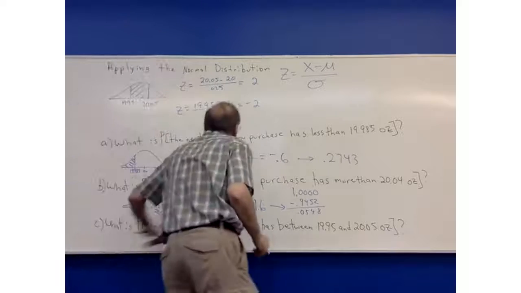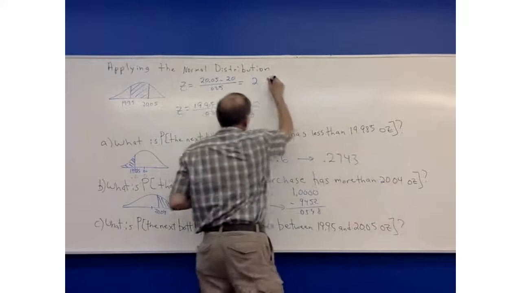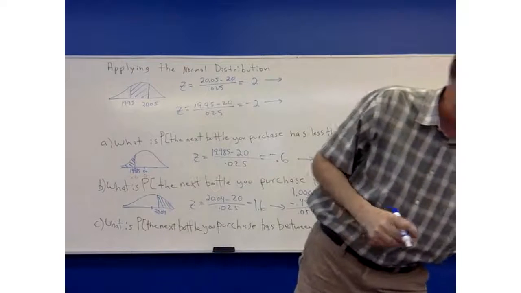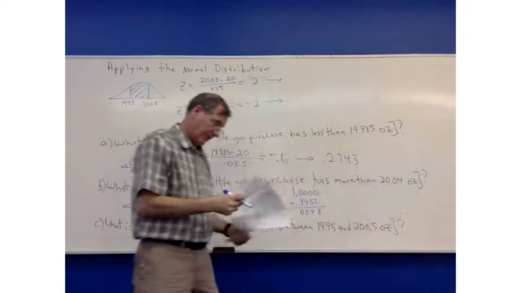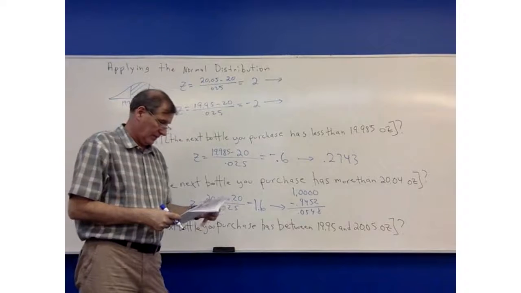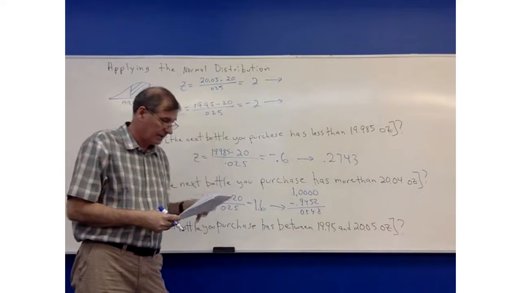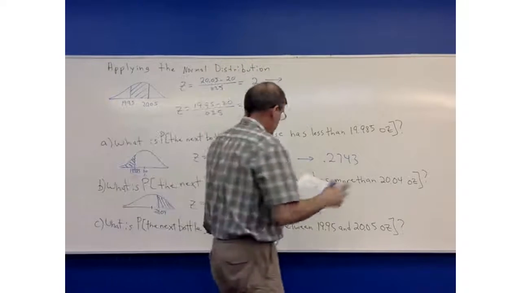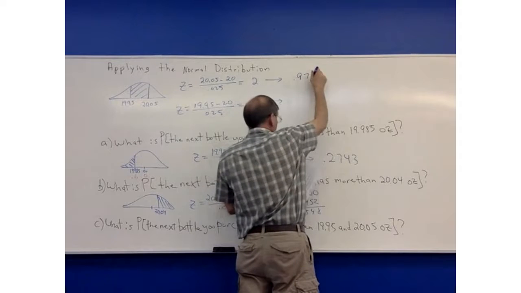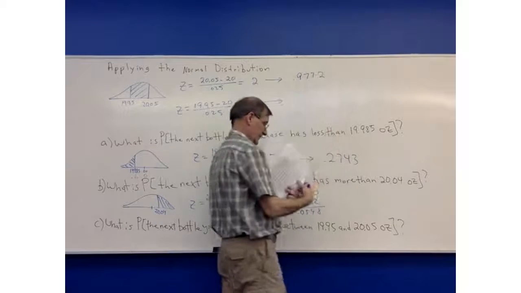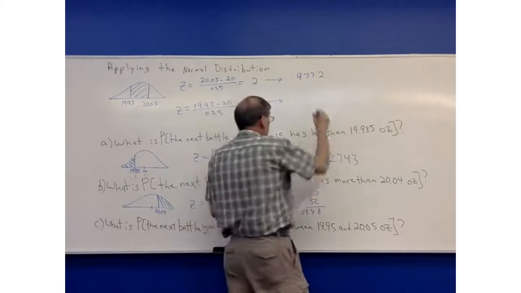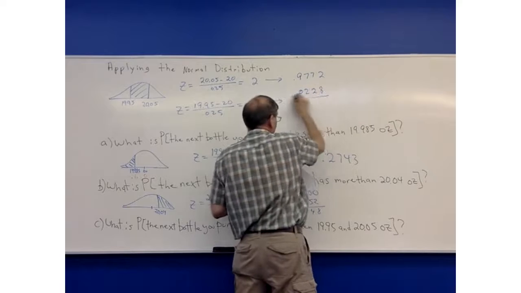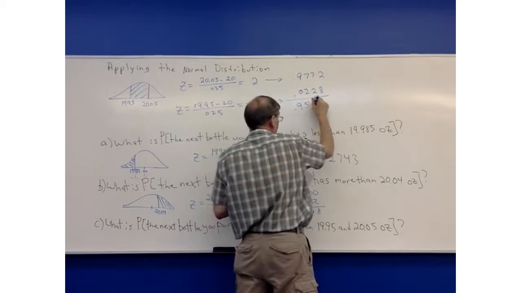So, continuing on, we look at 2, look at minus 2. I'll look it up, no big deal. 0.9772 and 0.0228, and that's 0.9544.